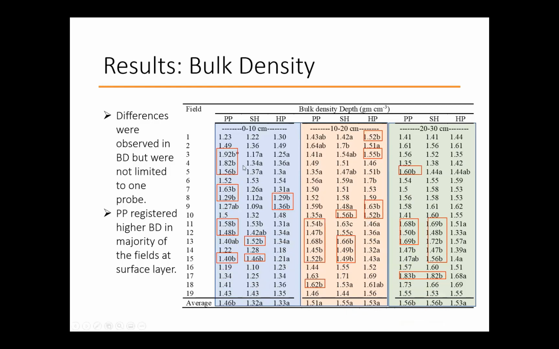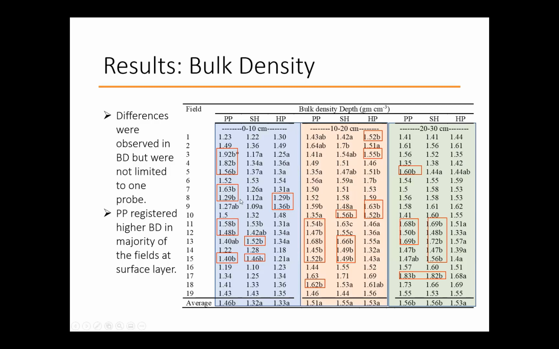So bulk density does vary, and the probe does have an impact on its measurements, but determining whether one probe is dominating the other was difficult to conclude. But we can say that the push probe, which is the smallest diameter, was dominating in the surface layer, and both the slide hammer and push probe were dominating in the lower layers.